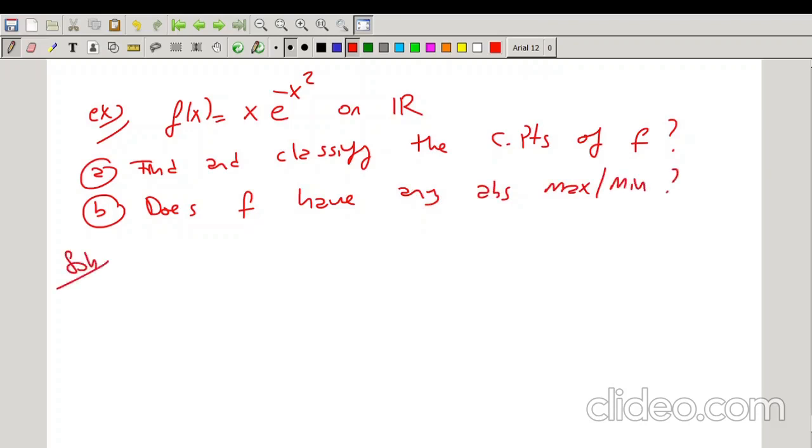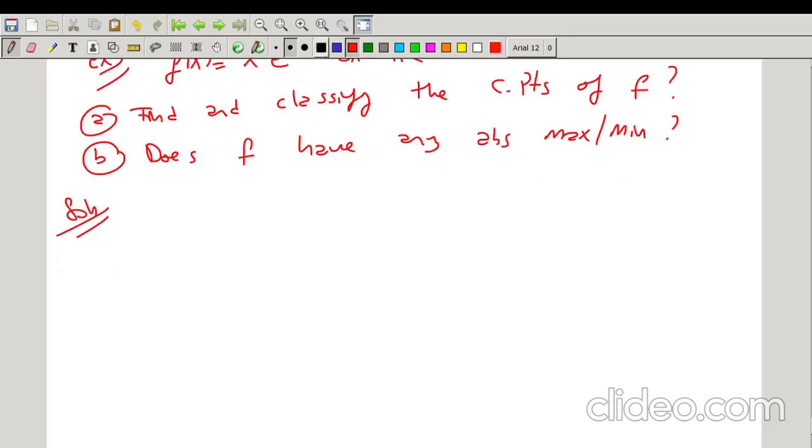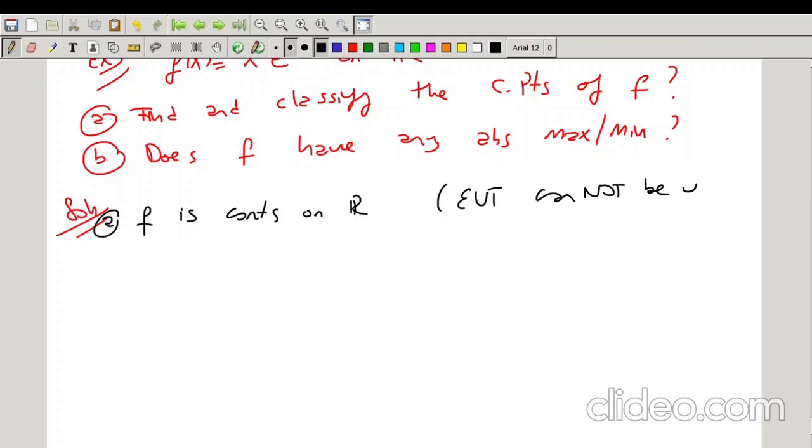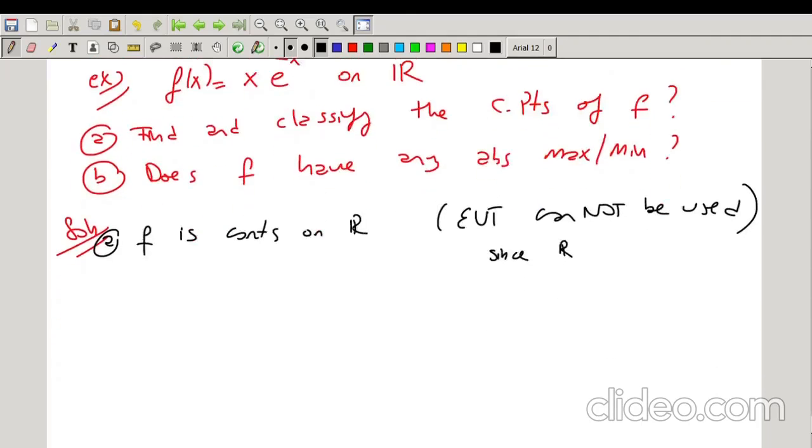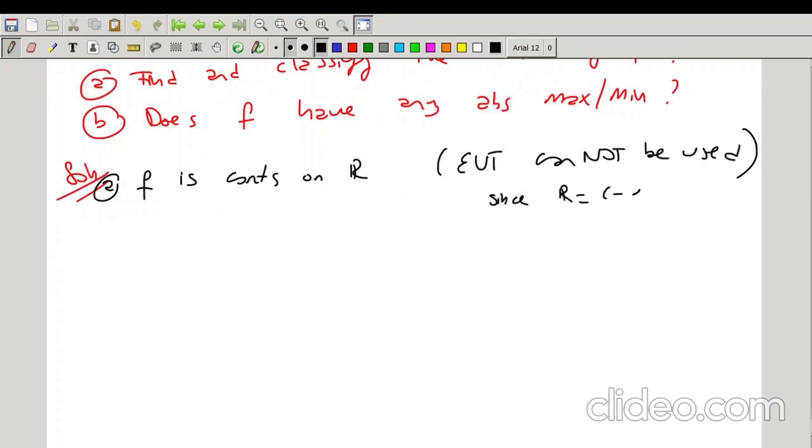Okay, we will apply our last theorem as we did in the previous example. f is continuous on R, but the extreme value theorem cannot be used. Why? Because we do not have a closed interval. R is equal to minus infinity to plus infinity, so that's why we have an open interval.